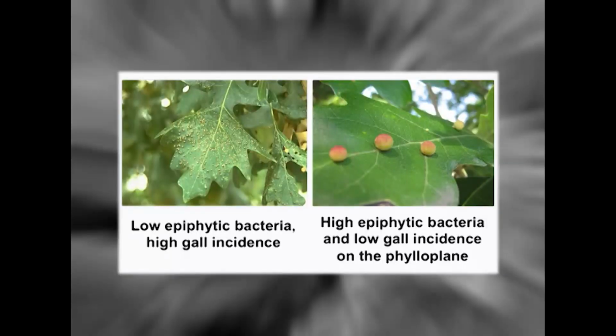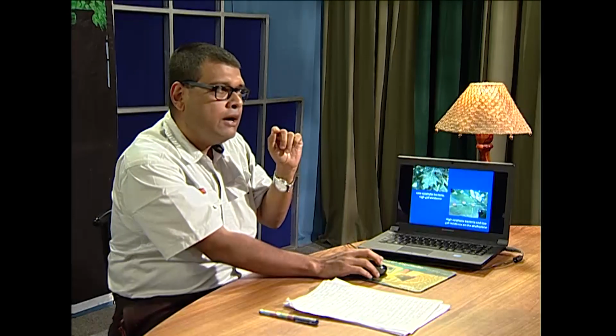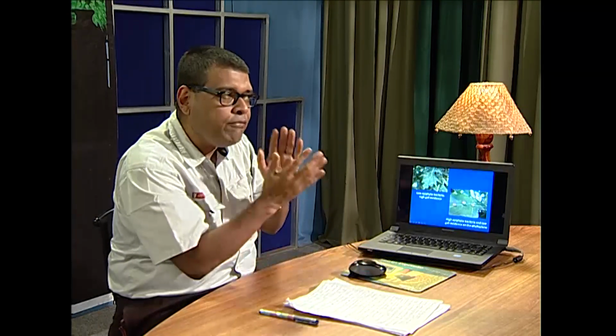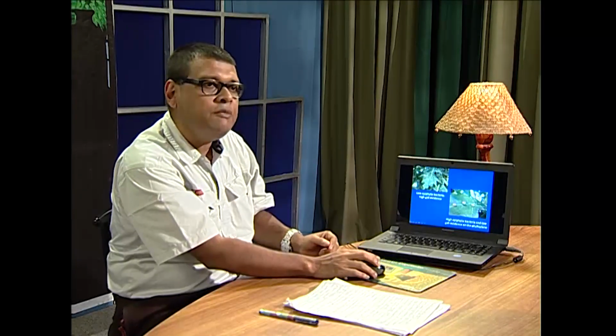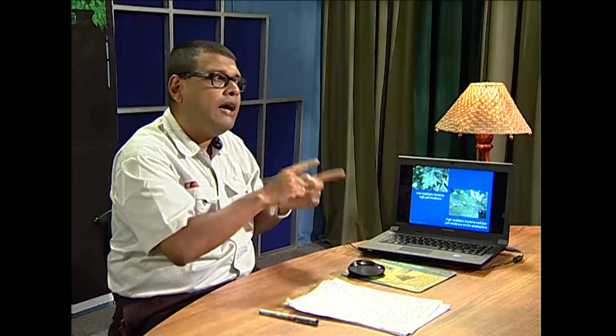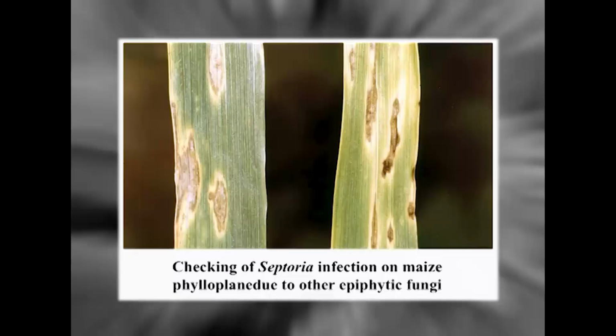Another point, here you can see in this leaf, the gall incidence is more if bacterial infection is less. And the surface epiphytic bacteria has reduced the number of gall. So what does it mean? It means that the bacteria has prevented insect colonization. So it is good to the plant.